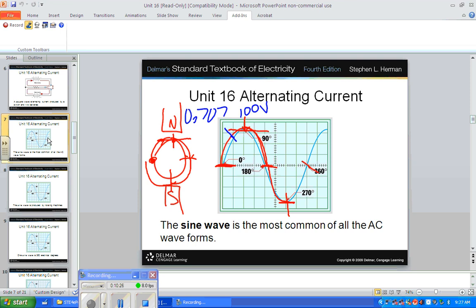It's almost 71 volts. Now let's go to 45 degrees back up this way. And how many degrees would that be? If we're going to come over here to the 45 degree point on this side, 45 degrees before 180 would be 180 minus 45, 135 degrees. Thank you very much. 135 degrees.